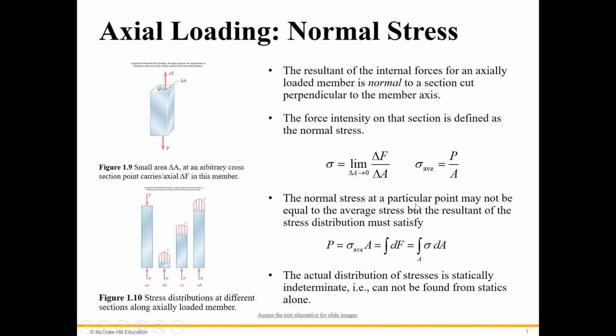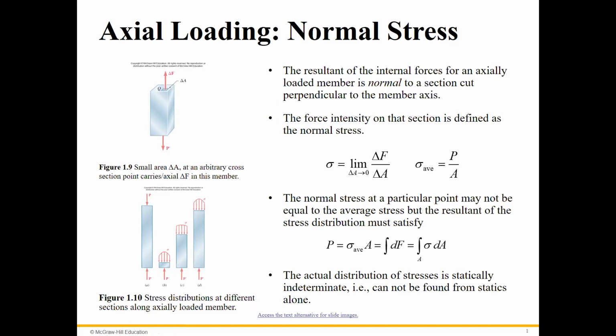But the problem is it's very, very difficult to find the exact value of the force at any point. For example, find the value of the force at this point, at that point, at this point. We need a function, and it's very difficult.